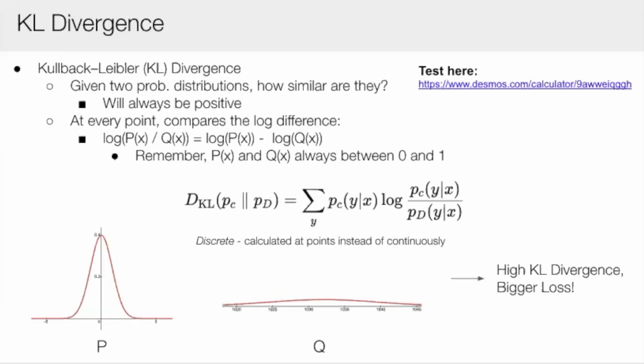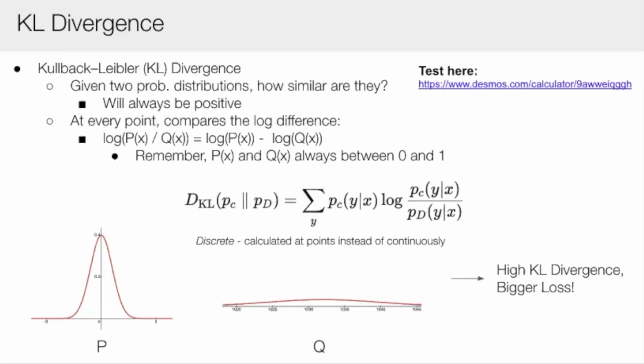Remember, we're taking the log of two terms divided by each other. If you remember your log rules, log of p of x minus log of q of x is equal to the log of their quotient. So this division you can intuitively understand as a subtraction. This is a difference. We're calculating a difference here.